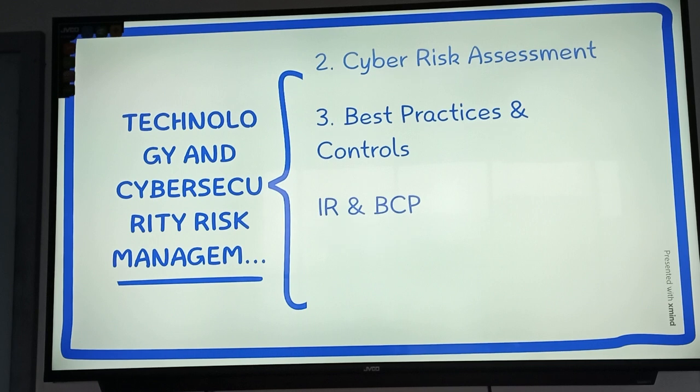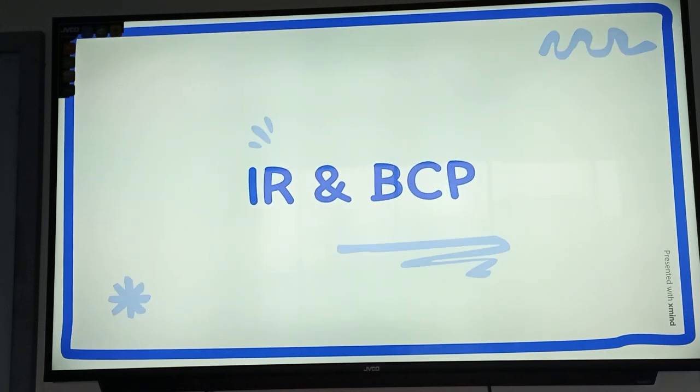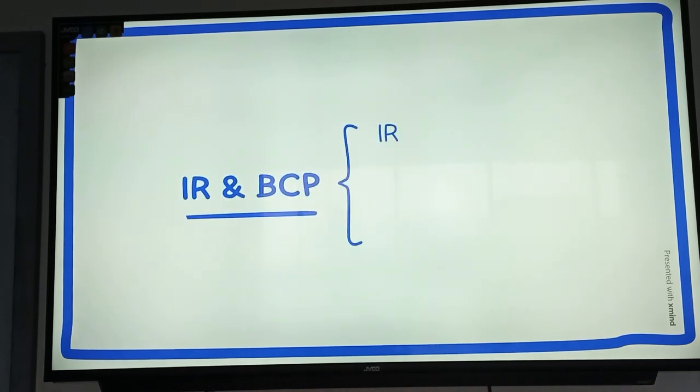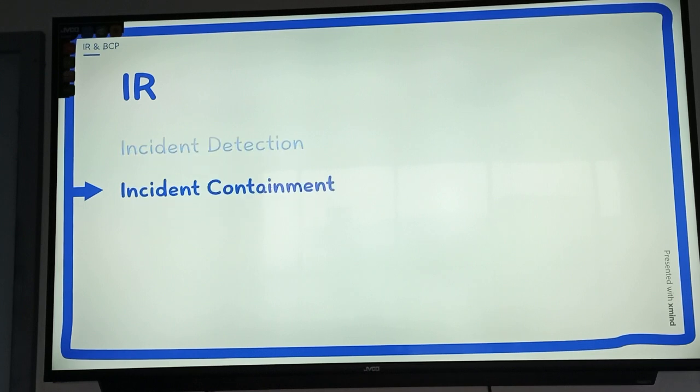Then we have talked about IR, meaning incident response, and business continuity planning, BCP. IR incident response had 4 things: the first one was incident detection, then containment of that incident, then eradication of the root cause, and finally recovery from the incident.